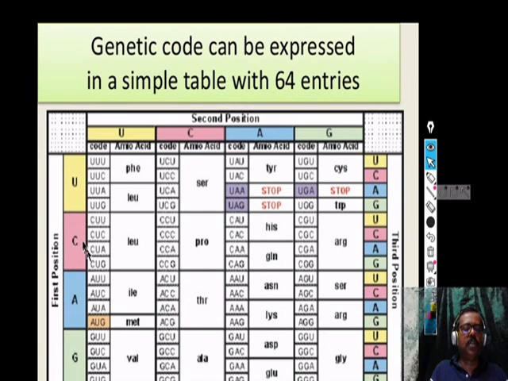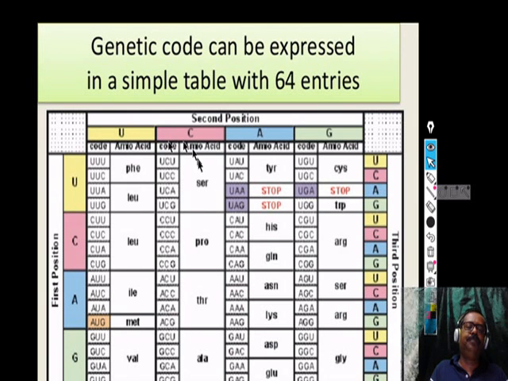Then for the second box, you write the first 2 bases as CU, then the sequence UCAG. Likewise you can get all the codons for the amino acids.